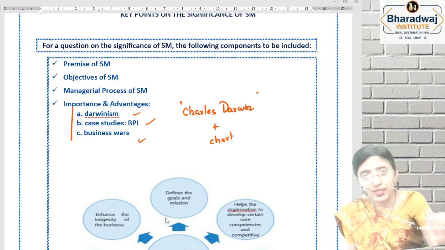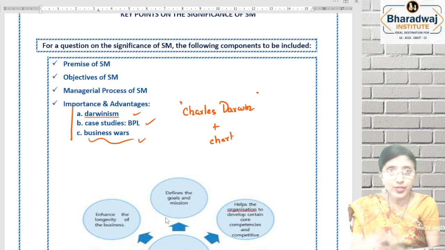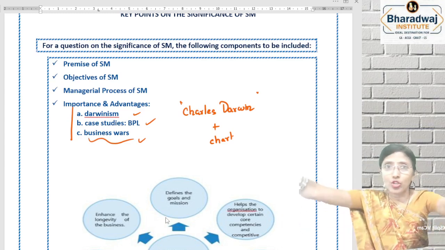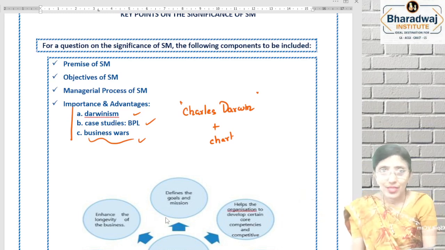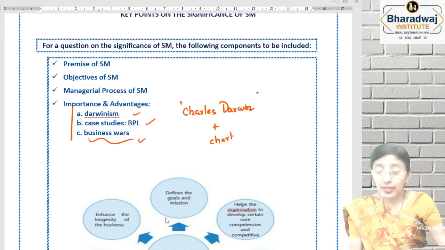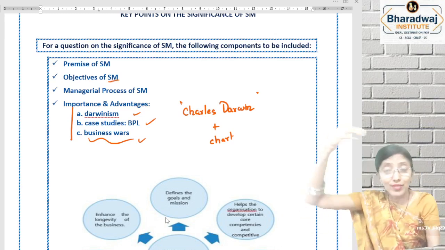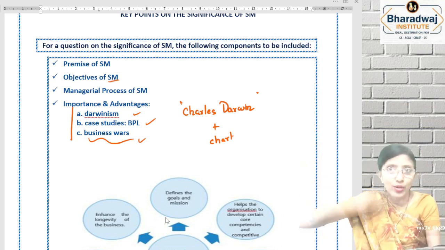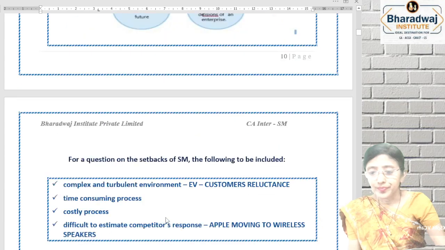Give an empirical example. Talk about business wars and brand wars. Bring in the example of monopolistic competition, where there is always a war. Are you clear? So take up a case study and enrich your answer. Here also, because it's about strategic management, you can write about strategy, who gave the technical inputs we saw, The Art of War, Sun Tzu, 500 BC. Right? You can write it.